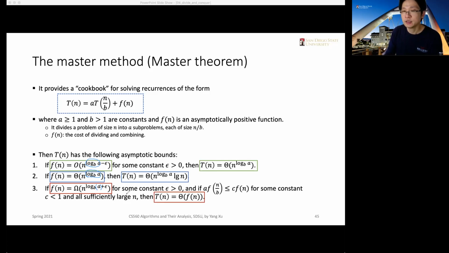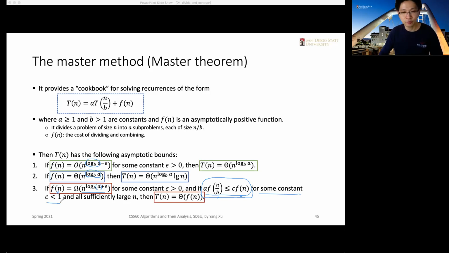It's easy to guess the third condition. It says that if the polynomial function is a lower bound, so it grows slower than f of n, then it comes with an additional condition: a times f of n over b is smaller than or equal to c times f of n, for some constant c smaller than 1.